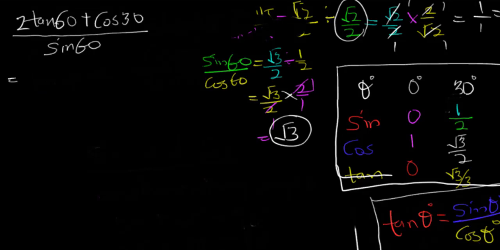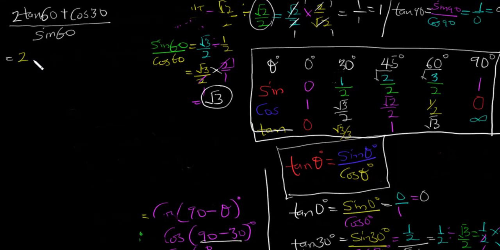We have 2 here, and tan 60 degrees is root 3. So we have 2 root 3 plus cos 30 degrees. Cos 30 degrees is root 3 out of 2. So we have all divided by sine 60 degrees, and sine 60 degrees too is root 3 out of 2. So we have root 3 out of 2 here.